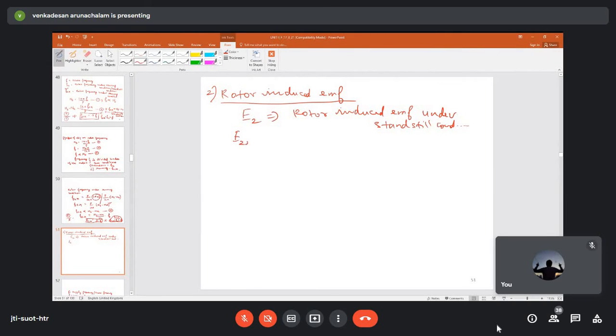Similarly, you take E2R, that is the rotor induced EMF under running condition. Heuristically, can you write the expression similar to the rotor frequency?